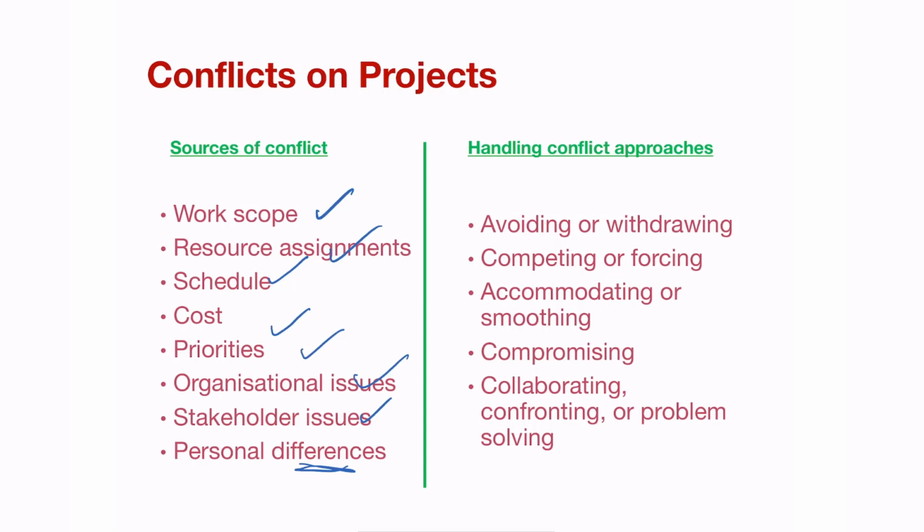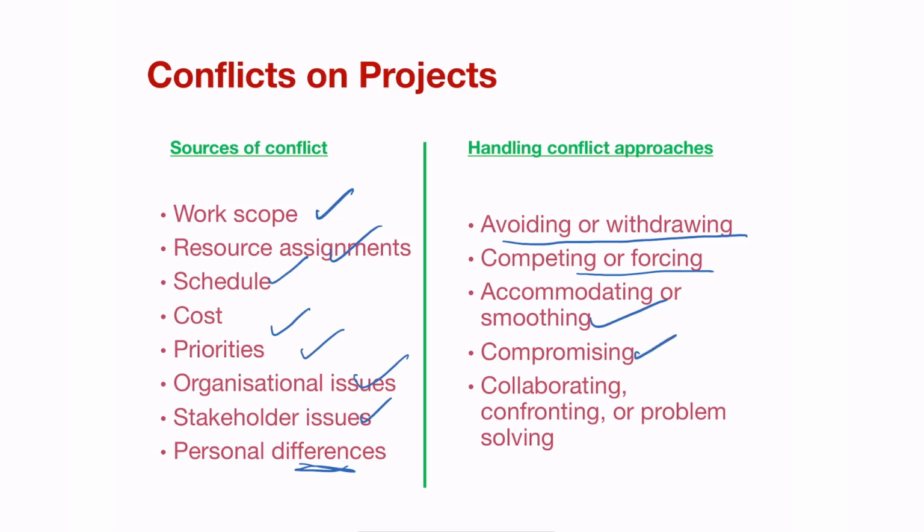How do you handle those conflicts? You cannot avoid or withdraw. You definitely cannot, because those conflicts will fester and will affect the overall performance of the team. You cannot compete or force it. You cannot be accommodating or try to cover it up. You cannot compromise.